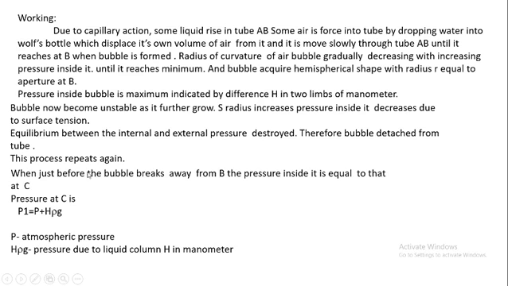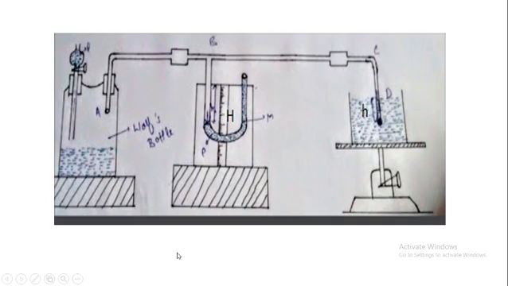The pressure at the manometer, that is P1, is equal to P plus h rho g. Here rho is the density of the liquid used in the manometer, and P is the atmospheric pressure. So h rho g is the pressure due to the liquid column in the manometer. P1 is the pressure here, and you have to measure it.